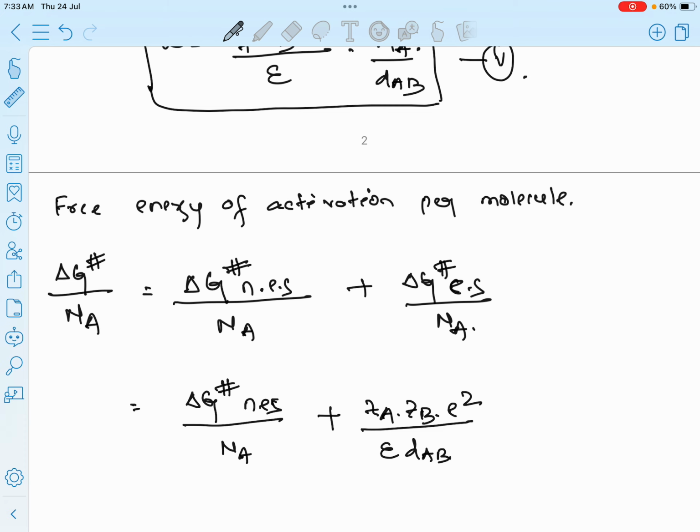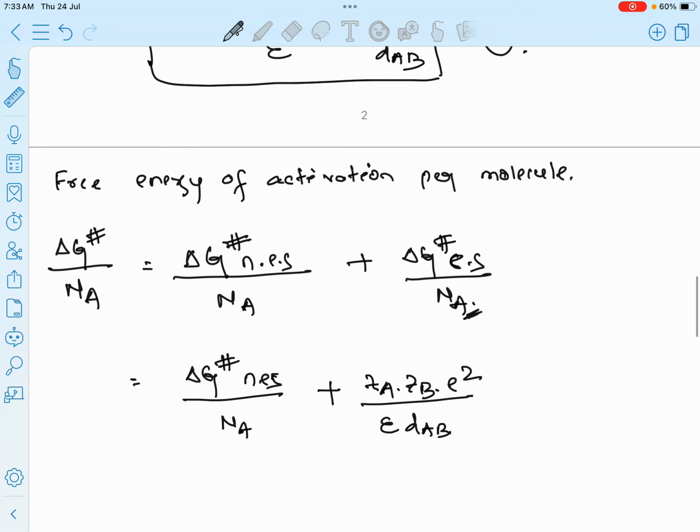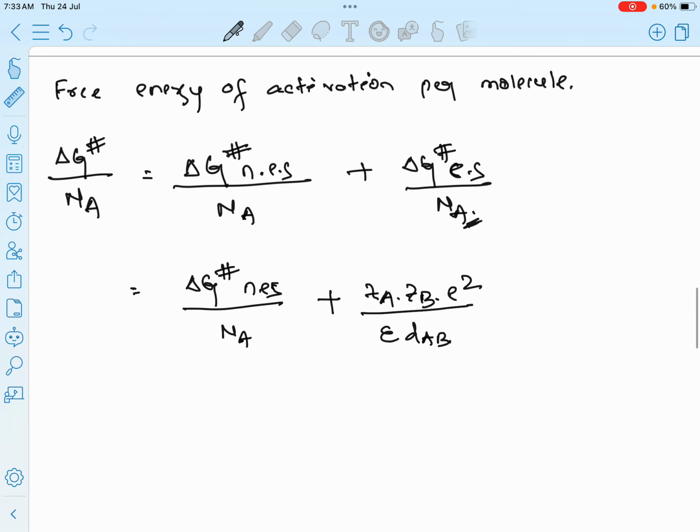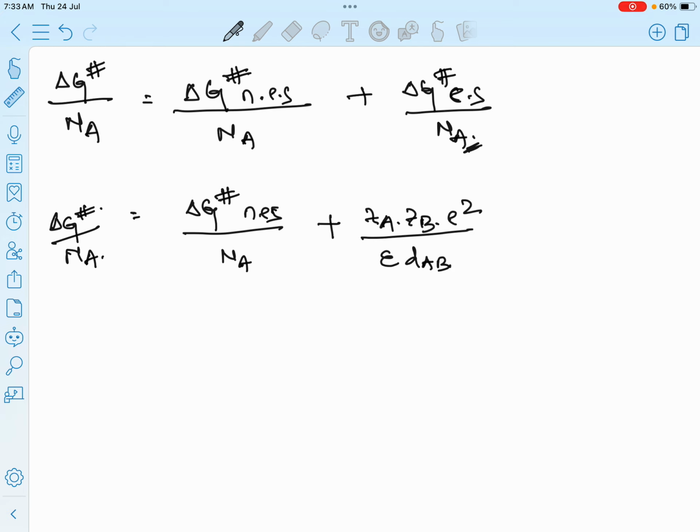Na gets cancelled out. Numerator Na was there, denominator now Na is there. Therefore they get cancelled out. And this is the total free energy of activation for a single molecule or single ionic species.